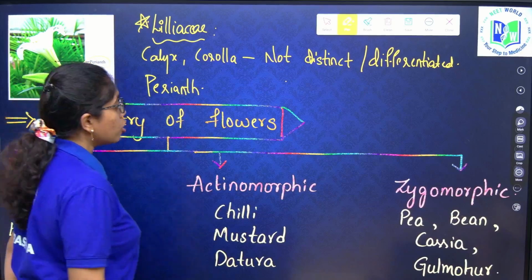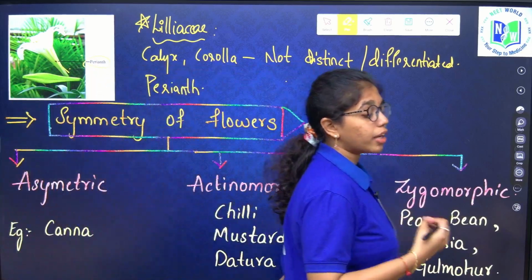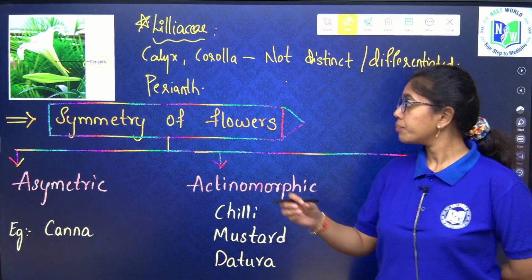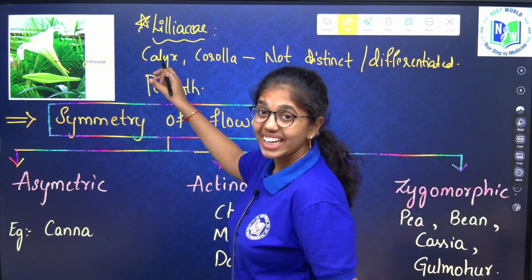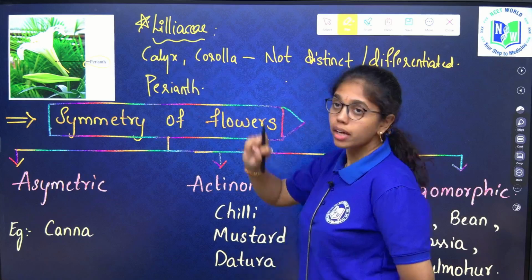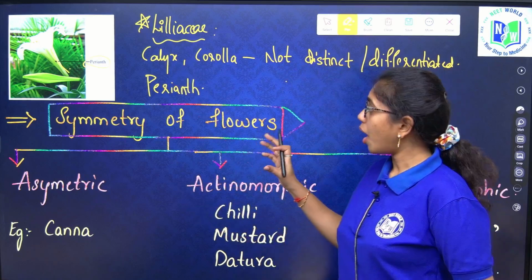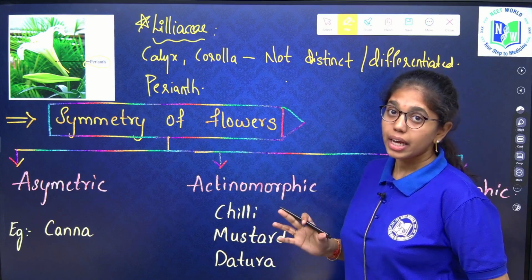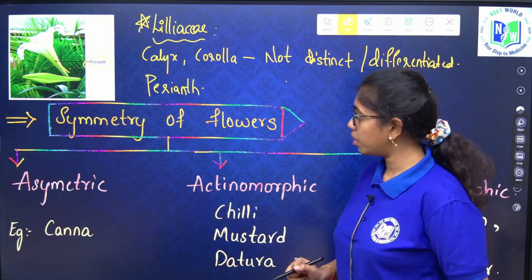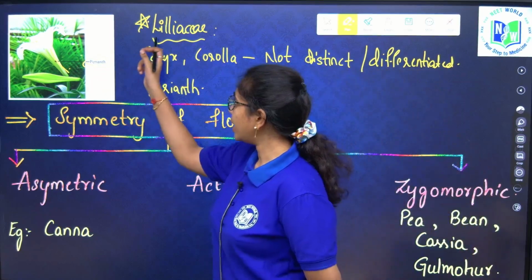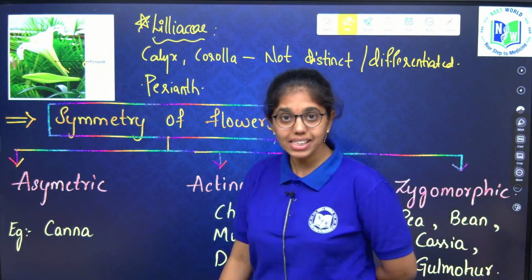Fine, clear. So if at all a question comes, in which family do you see indistinct calyx and corolla, or calyx and corolla will not be differentiated? Then your answer should be Liliaceae, and that structure is called as perianth.